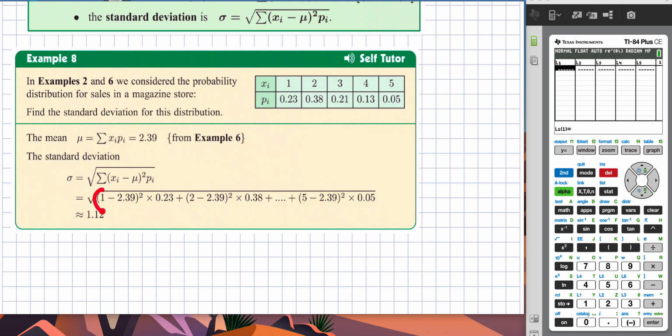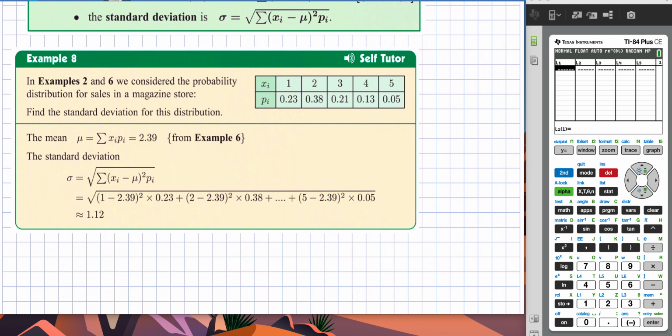So this part here is like the first bit, and we're just continually adding those up. That's what the sum notation is about. So the next one is going to be 2, so there's your 2 minus the 2.39 mean, all squared, and then multiplied by the probability of the 2 occurring.